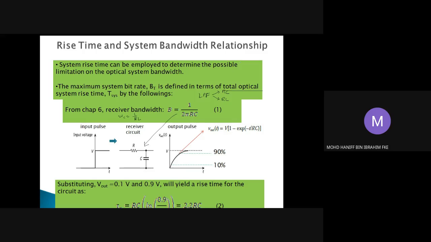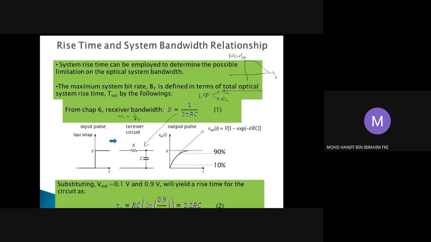If we look at this low pass filter frequency response, this is your frequency F, and that's the amplitude of your frequency transfer function. This is what we have done in second year.